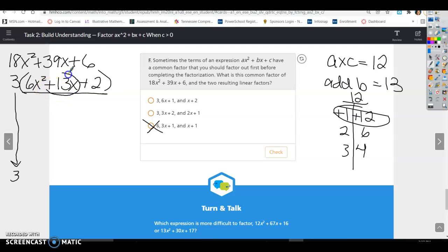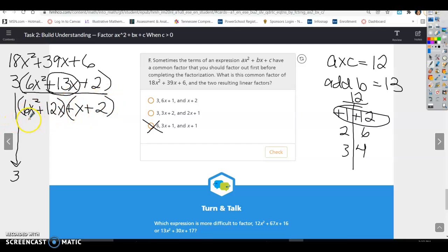Again, all I'm going to do first is rewrite my middle term. So I've got 6x squared plus, and I can write these in any order I want, but I know 6 and 12 go together easily, so I'm going to put 12x plus 1x plus 2. Now, anytime I have 4 terms, I can group 2 of these together at a time.